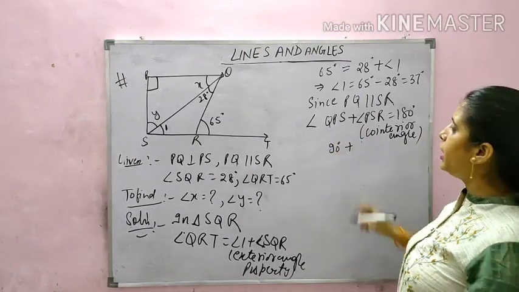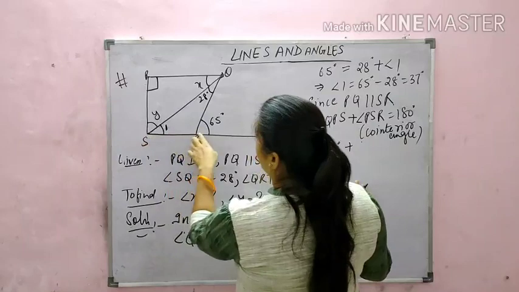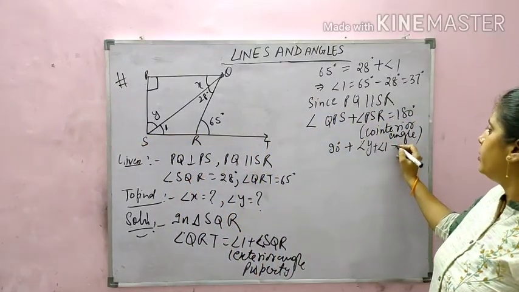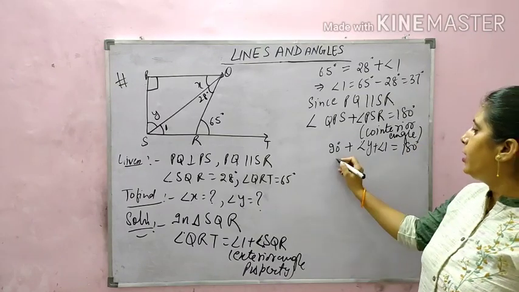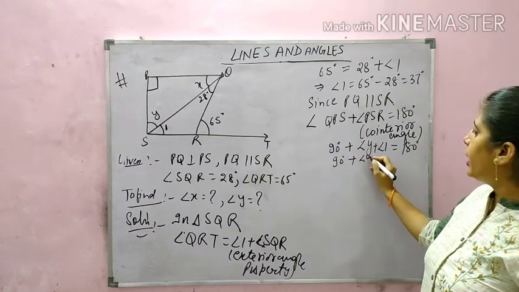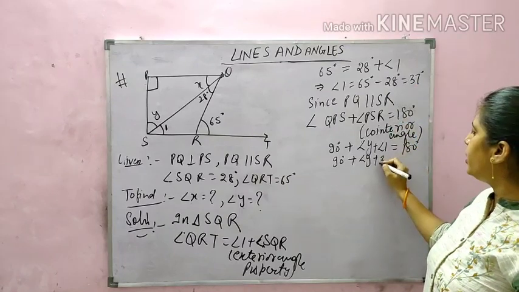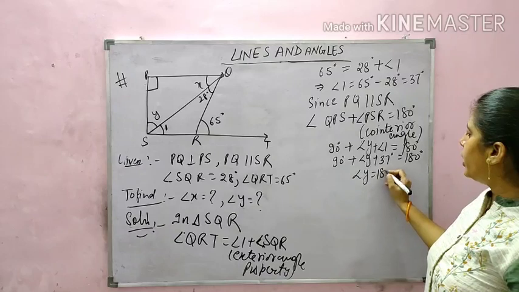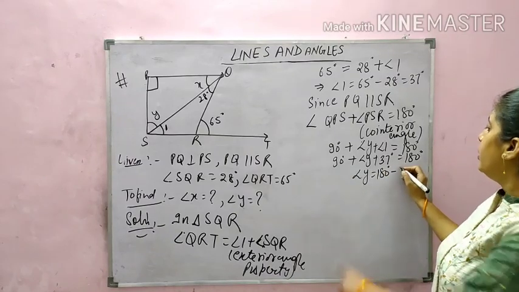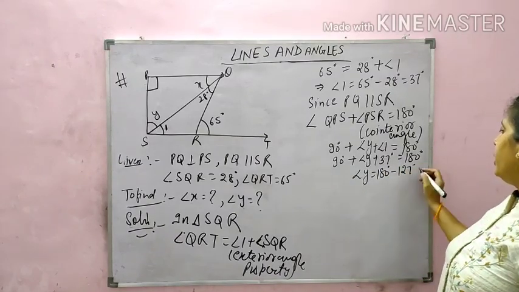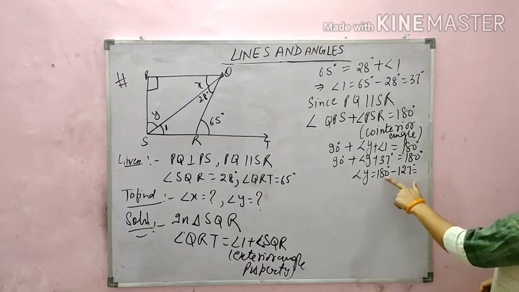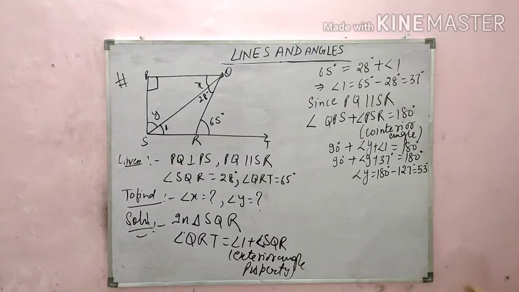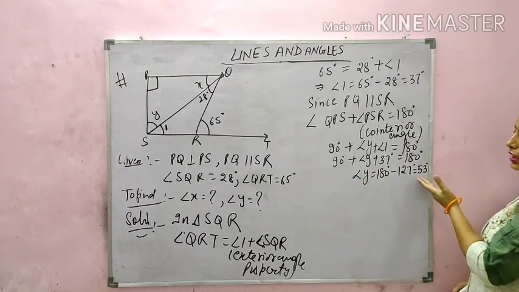Angle PSR is divided into two parts, angle Y plus angle 1. Clear? Equal to 180 degree. 90 plus angle Y plus angle 1, which is 37 degree, equal to 180 degree. Angle Y is 180 minus 127 degree. If you subtract it, then you will get 53 degree. It means the value of angle Y is 53 degree.